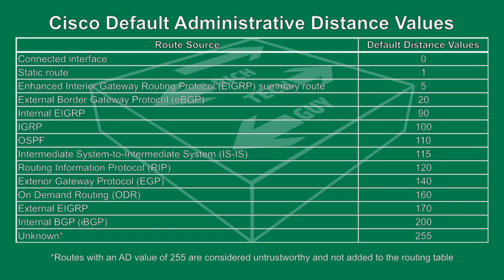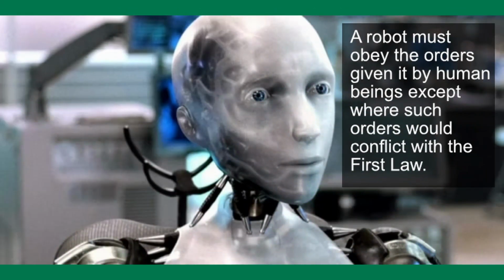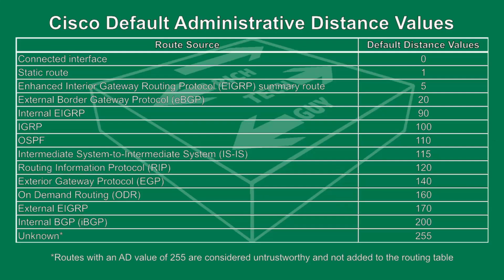The router is going to place a high value of trust on this route because humans never make mistakes, right? Or perhaps it has something to do with Isaac Asimov's second law of robotics. After that, the different ADs are assigned based off of the routing protocols, but notice that an internal EIGRP route has an administrative distance of 90, while the external EIGRP route has an administrative distance of 170.